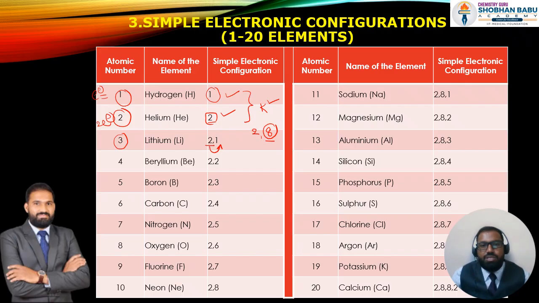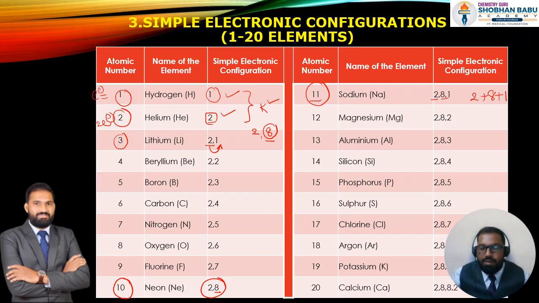Till we reach 8, all other electrons will go to the second shell only. Once we reach 8, the second shell is also finished. Then if you have more than 10 electrons, out of 11, 2 of them you can fill in the first shell, and 8 of them you can fill in the second shell because its capacity is 8.